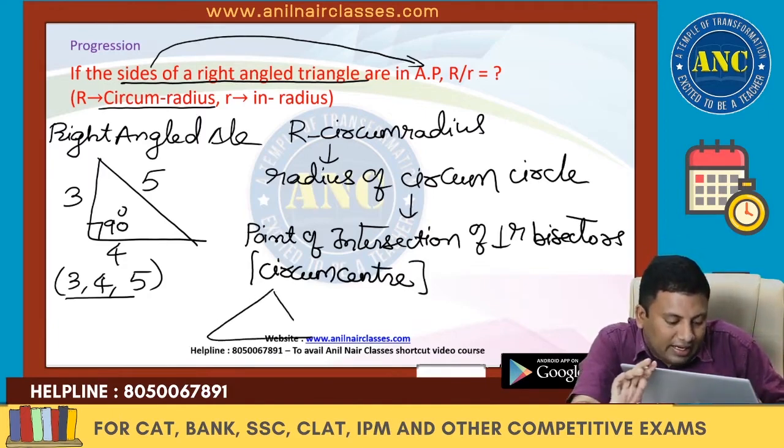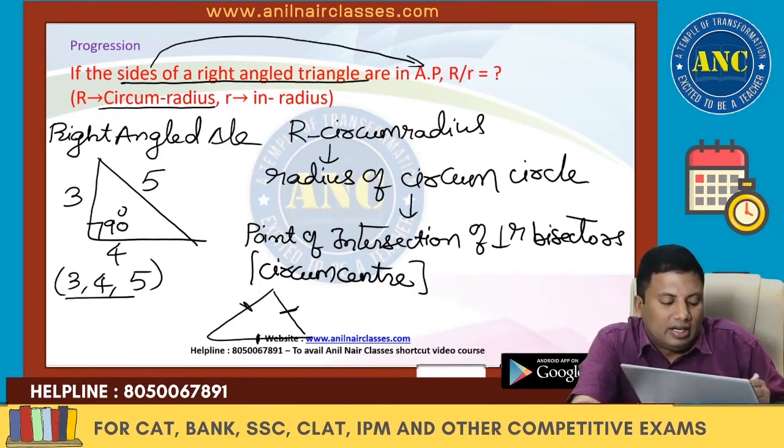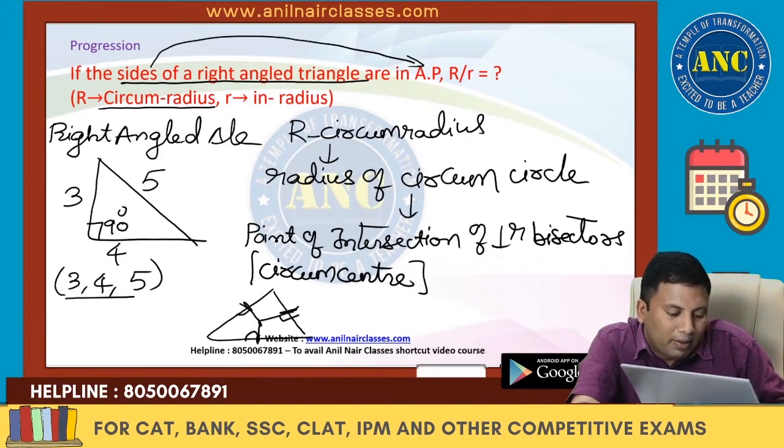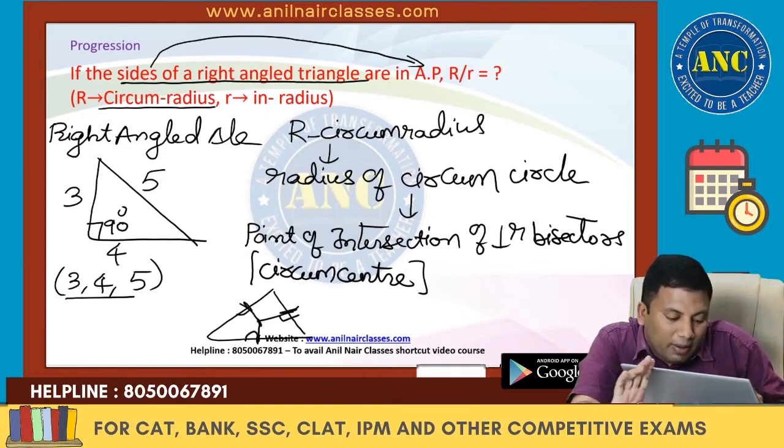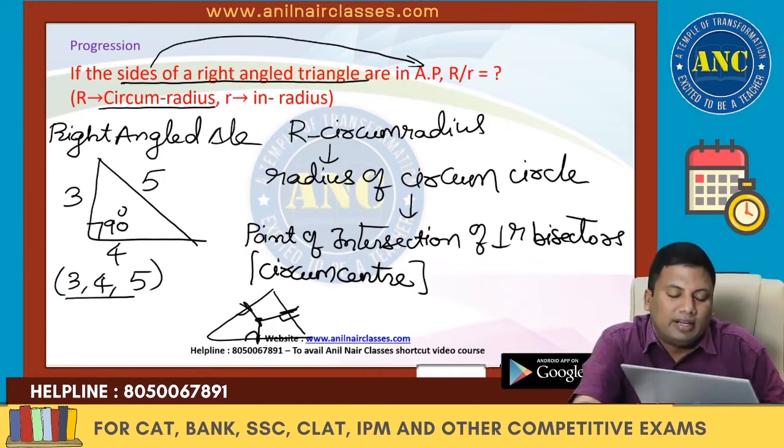Suppose I take a triangle. Take the midpoint of each side and drop a perpendicular from each. If I drop three perpendiculars, that is where the perpendicular bisectors will meet.